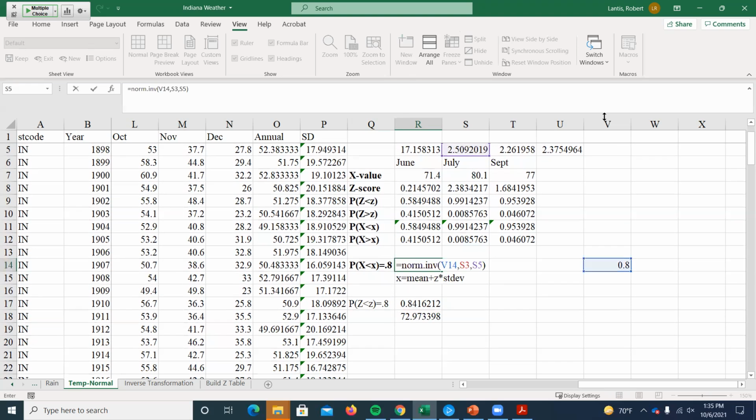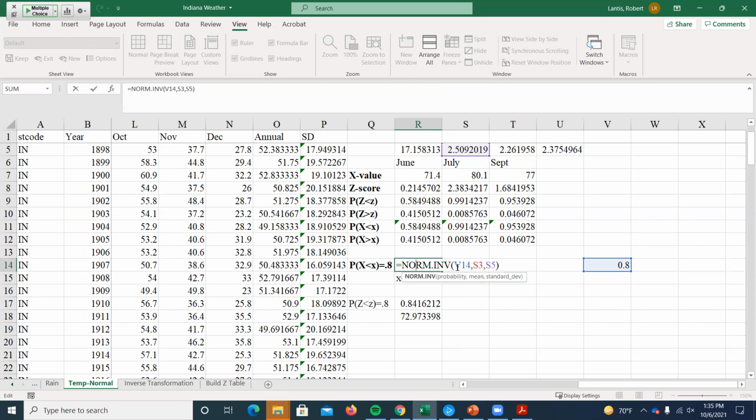And now, if what I'm telling you is correct, this should spit out that same 72.97 value. It just skips the intermediate step of calculating the z-score. So sure enough, they get the exact same value, okay?